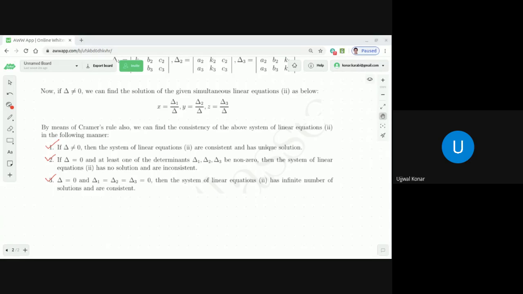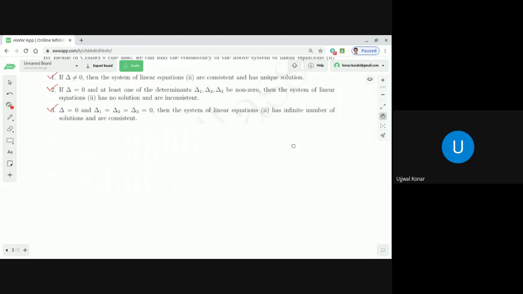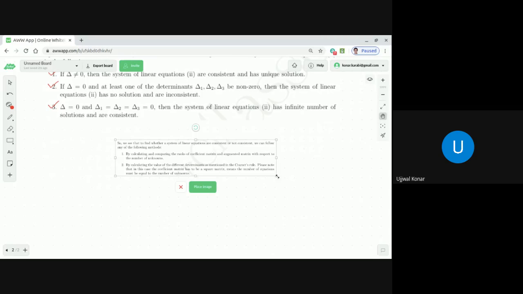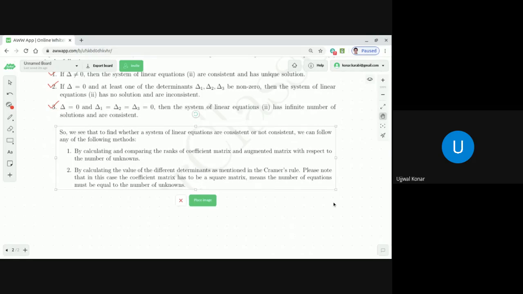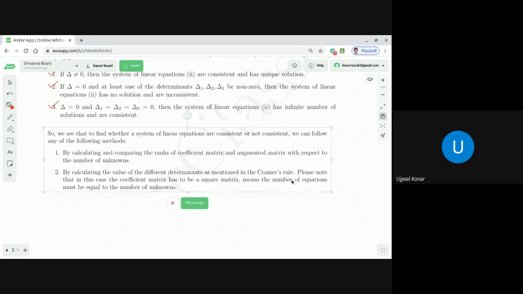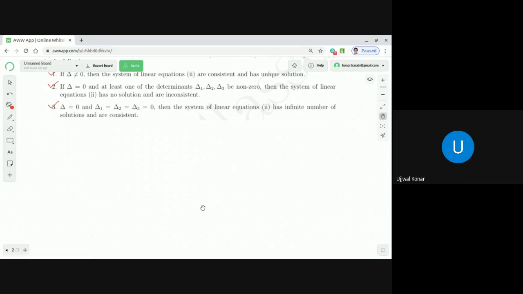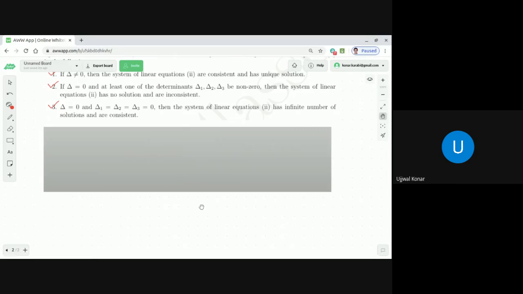Now there is a special case. Whatever I said, I just want to write in front of you, dear students. So we see that to find whether a system of linear equations is consistent or not consistent, we can follow any of the following methods. What are the methods?